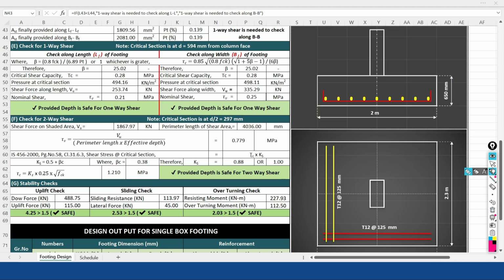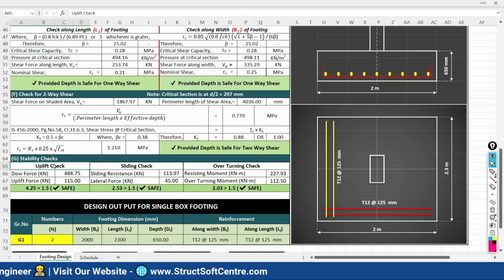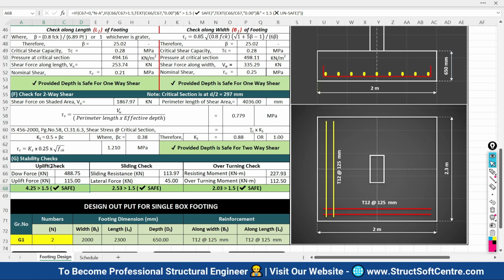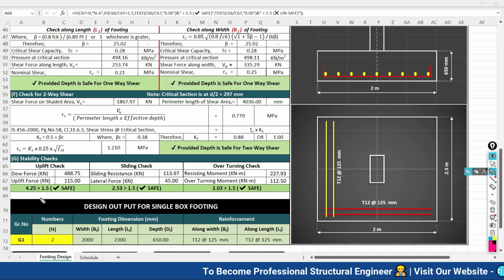Now finally guys, we are going to perform the stability checks. So the sheet will take care of performing the stability checks. The uplift check here is safe again, because the factor of safety against uplift is 4.25, which is more than the limiting value of 1.5. So it is safe against the uplift check.